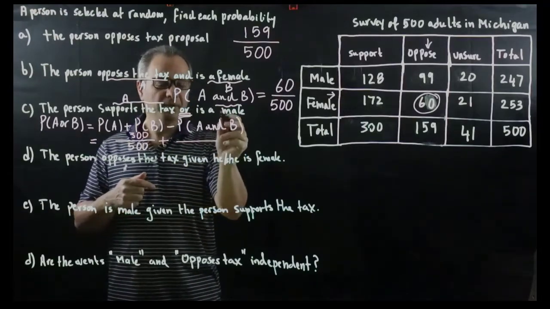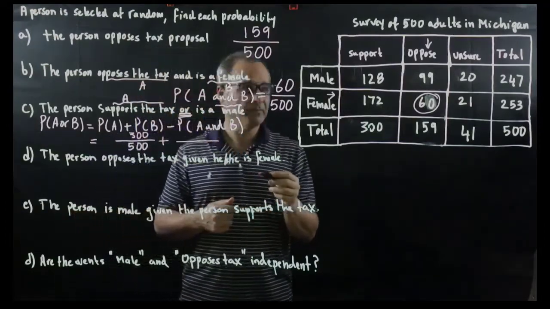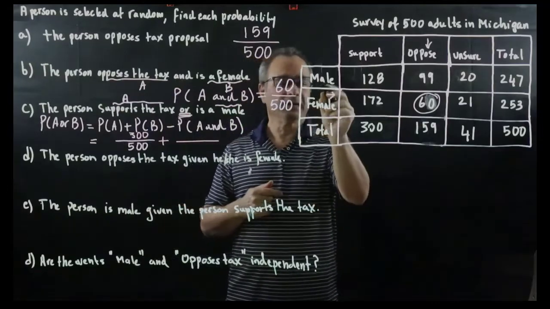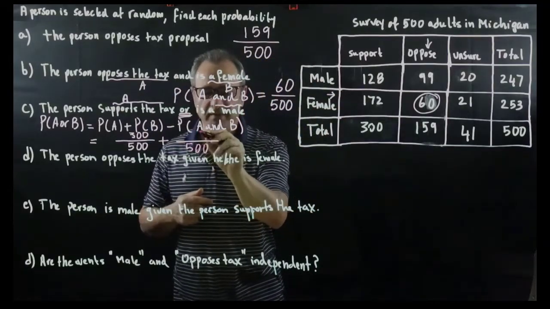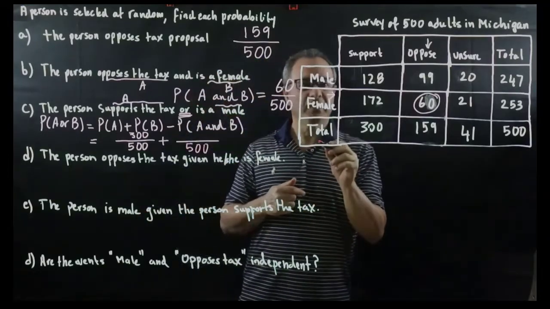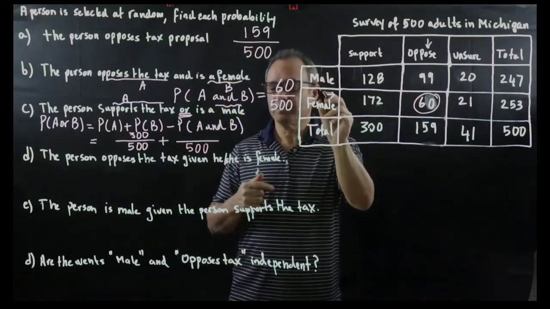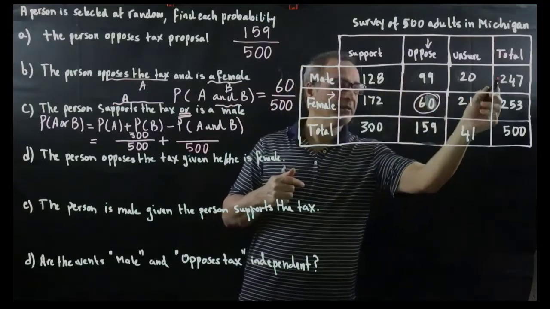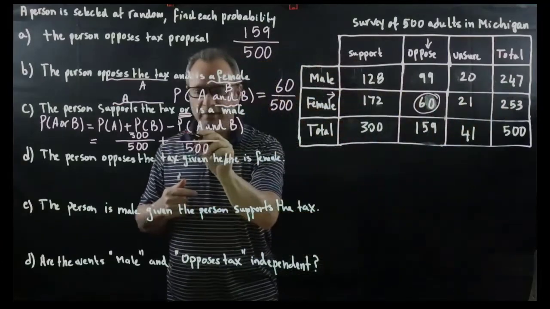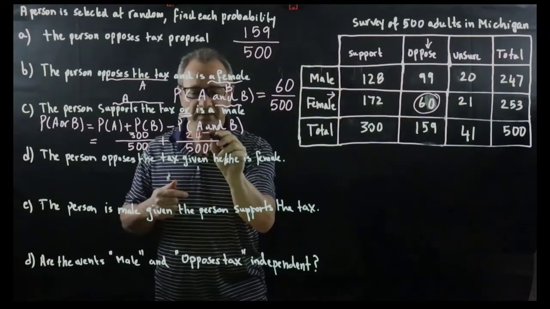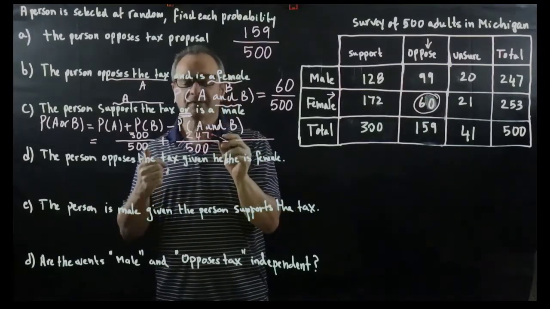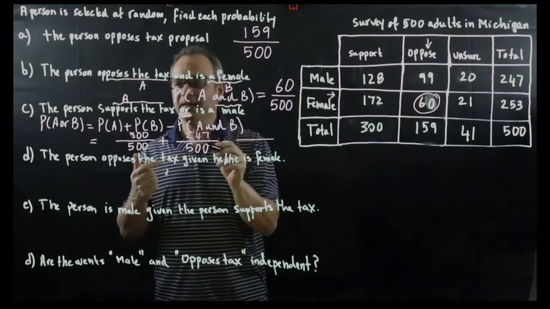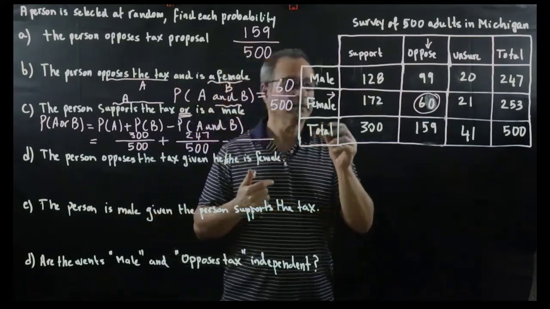Now B. What is the probability of selecting a person who is male? Okay, 500 is the denominator, no issue with that. Now, we want a person to be a male, so how many males? We have 247, minus the probability of selecting a person who is a male and supports the tax.